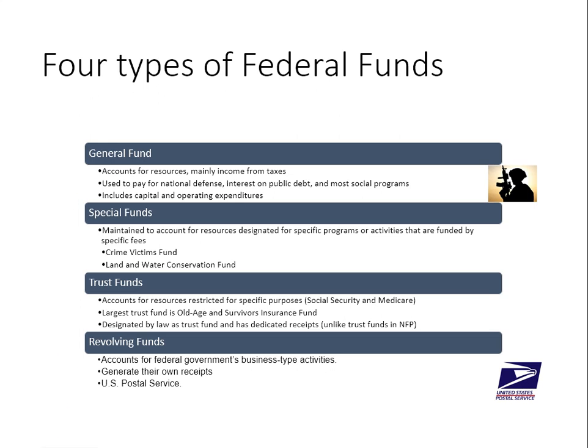So this is different from the trust fund in not-for-profit organizations. And finally, revolving funds. Revolving funds account for the federal government's business-type activities, like the U.S. Post Office, which has revolving funds because it generates its own receipts.